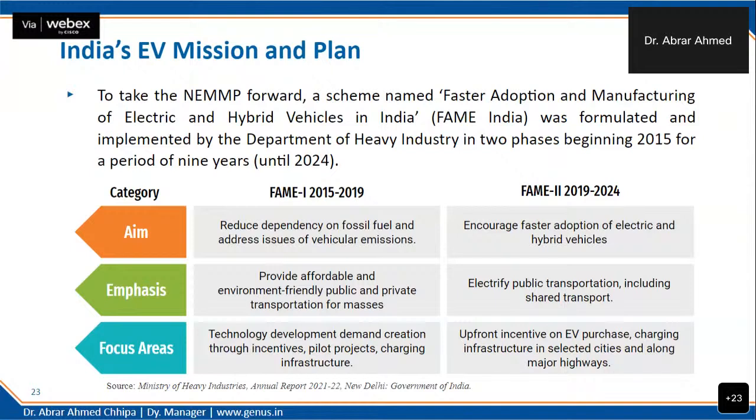EVs. In FAME 2, the aim was to encourage faster adoption of electric and hybrid vehicles. As you can see the effect of this scheme in the last 2 years, now in every city, out of 10 vehicles, we see at least 2 to 3 vehicles as EVs, with emphasis on electrifying public transportation, including shared transport.